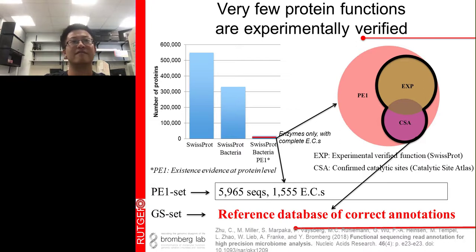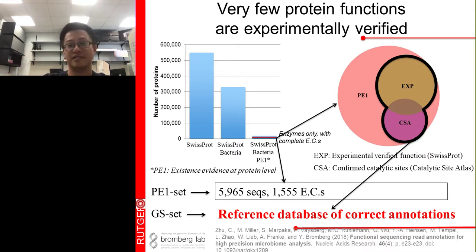And among these 6,000 proteins, there is an even smaller fraction, fewer than 3,000 protein sequences, whose functions are actually experimentally verified. So we are talking about a very tiny core set that we have high confidence in for functional annotation.